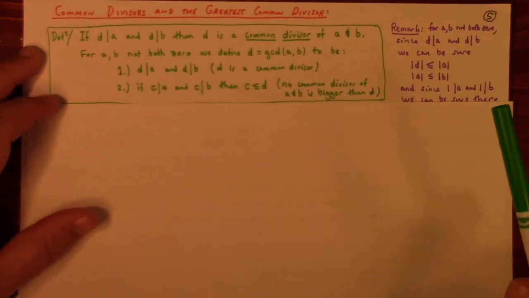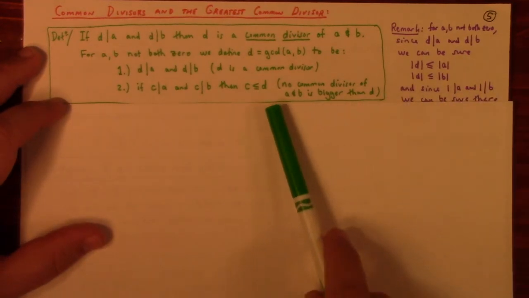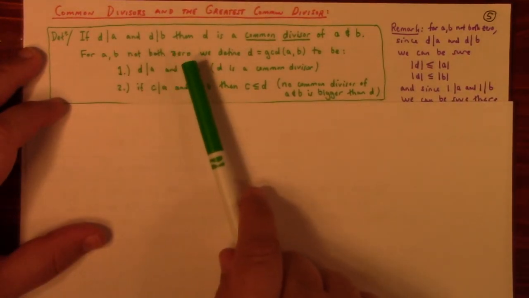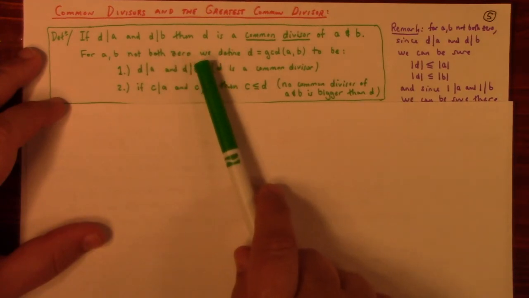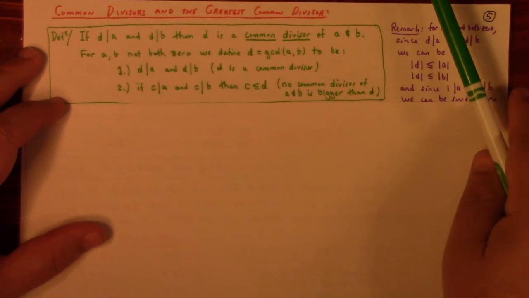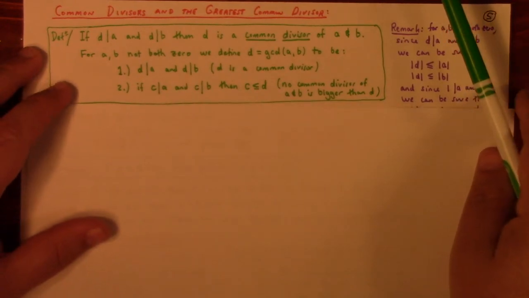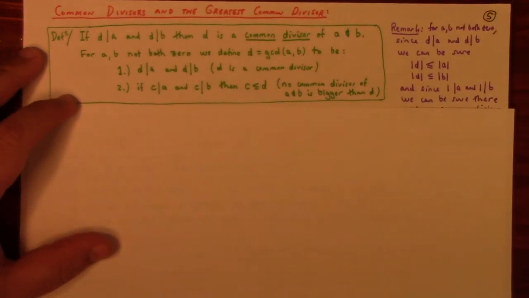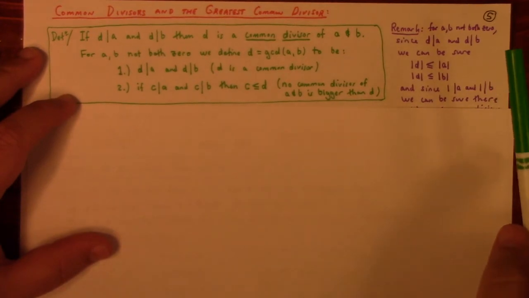Now notice that we need them not both 0, because anything is a divisor of 0, since 0 is a multiple of any number. And so there would be no greatest common divisor if we had both of them 0.